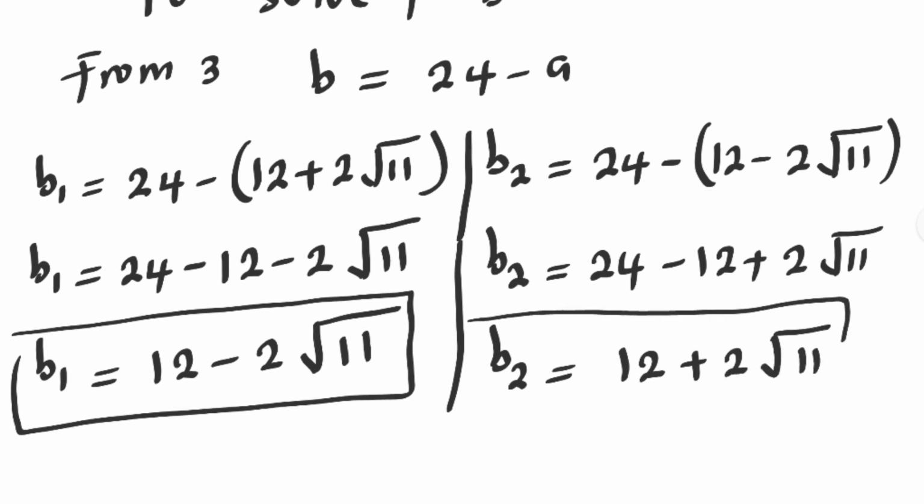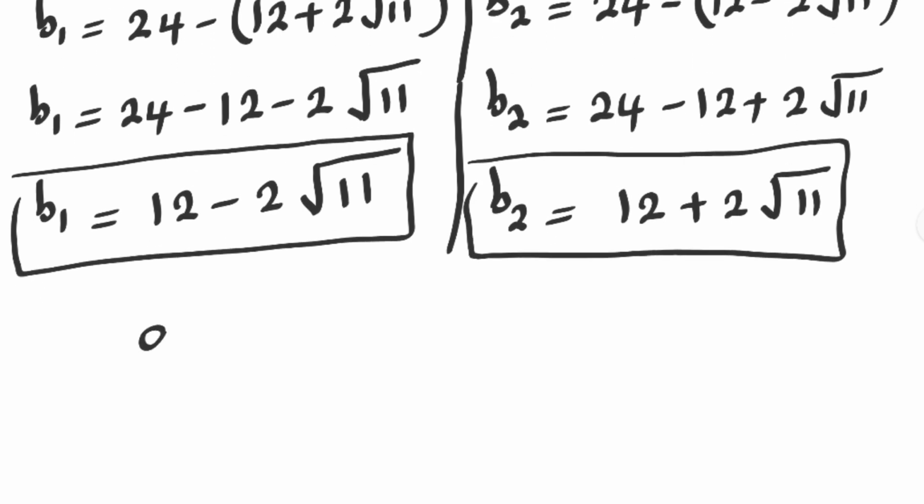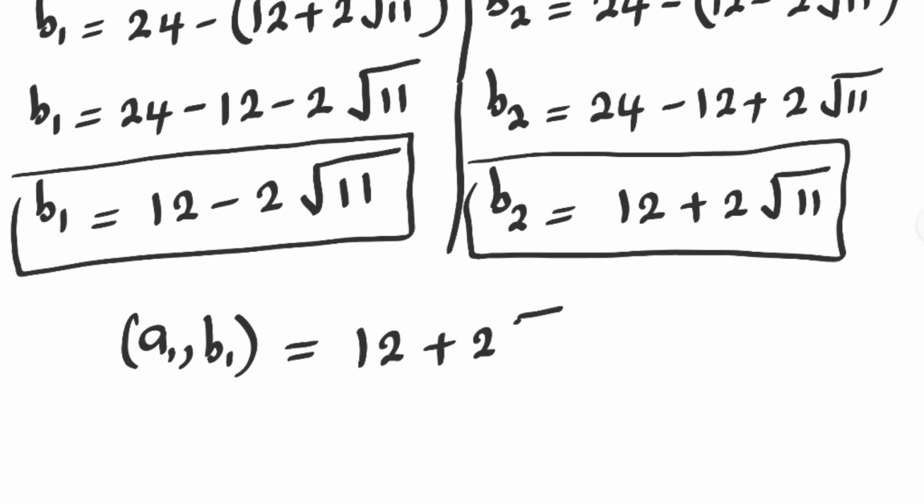Here is the value of B2. Our final answer are A1, B1 is equal to 12 plus 2 root 11, 12 minus 2 root 11.